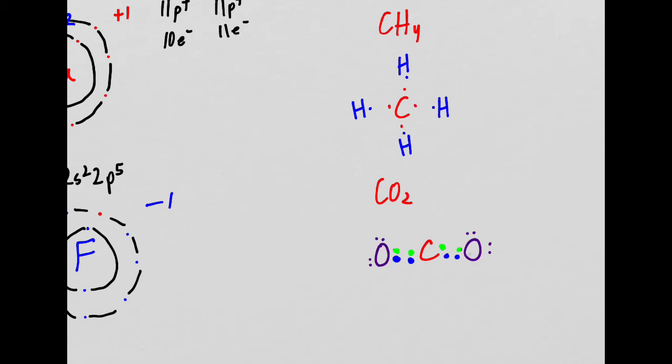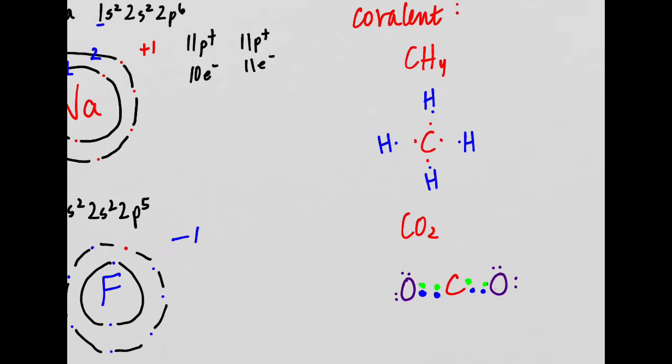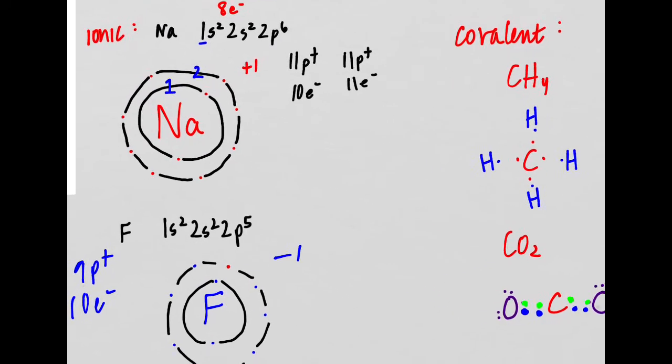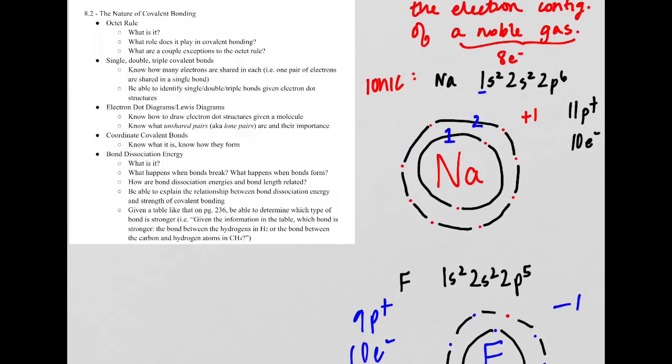Now if we count all of the electrons around each oxygen, we have 2, 4, 6, 8. And if we count all the electrons around the carbon, we have 4 on one side and 4 on the other side, so we have 8 there as well. So the octet rule is fulfilled here also. Okay, so that's the difference here in how the octet rule plays a role in covalent and ionic bonding.